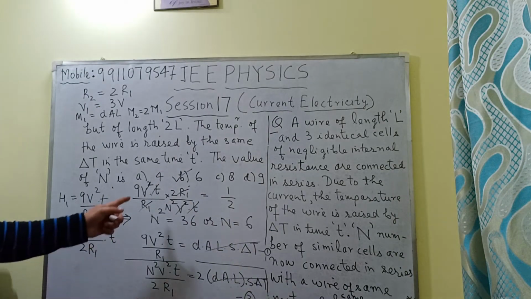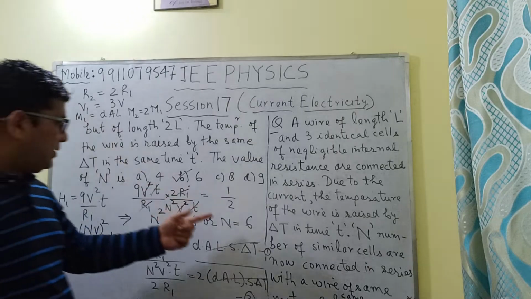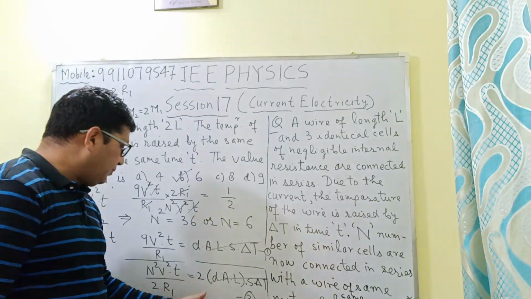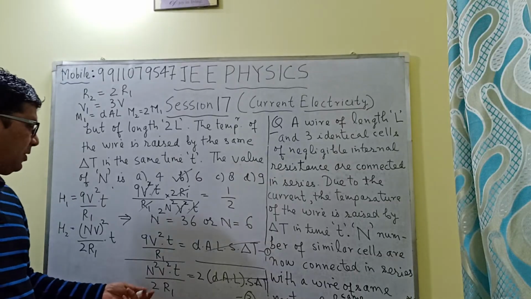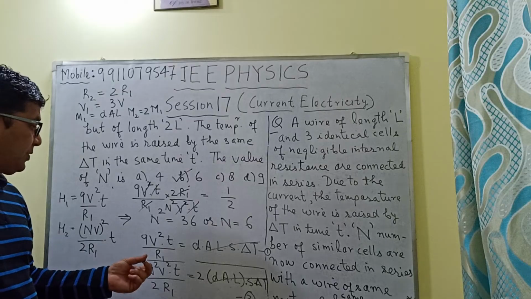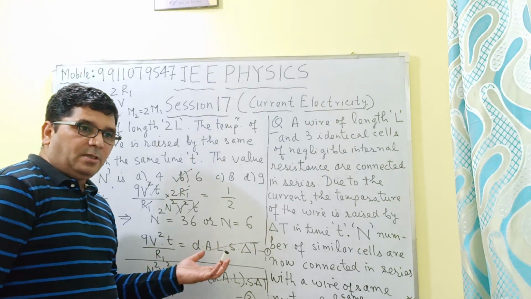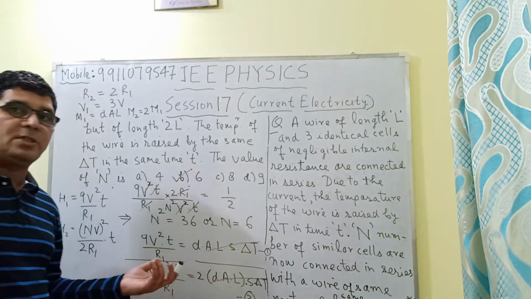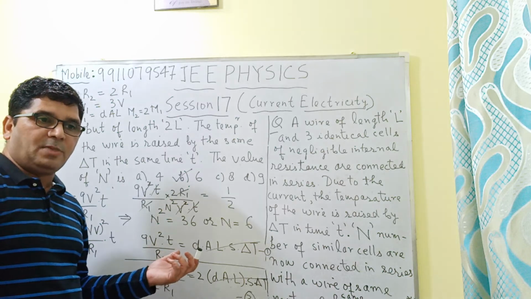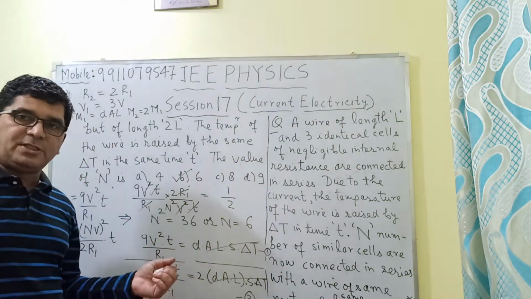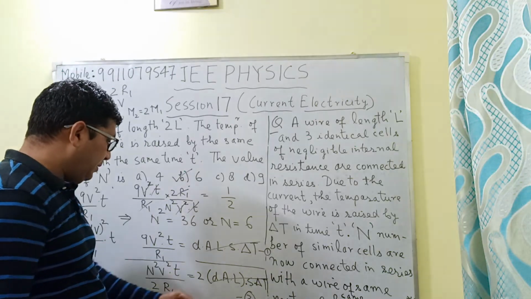Now this was an easy question. The only thing is that in this question we used the equation of the quantity of heat required to raise the temperature of a substance by a temperature difference of delta T, which we have studied in temperature, heat and thermodynamics.